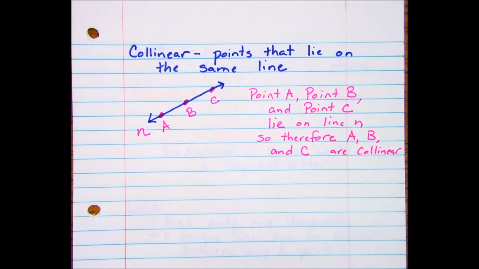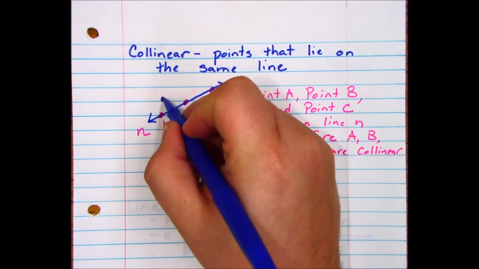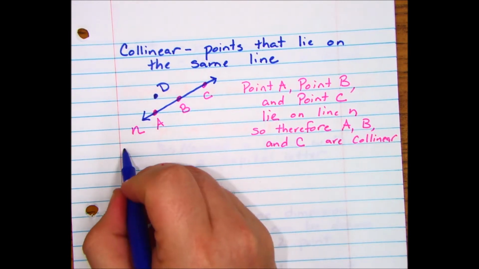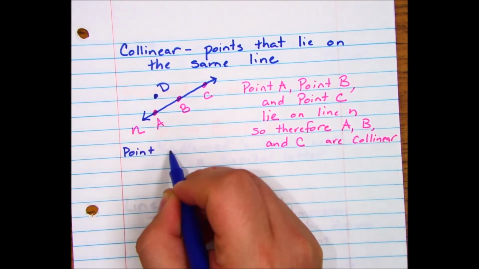Now, not all points are going to lie on line N. We could have a point D. I want you to note and notice that point D is not on line N. So thus, point D is non-collinear.